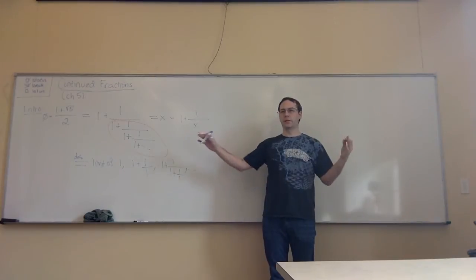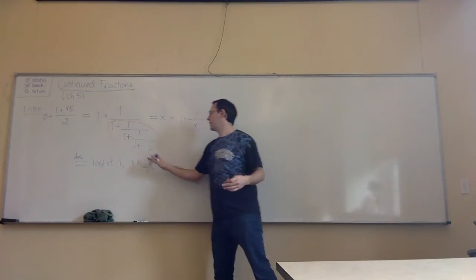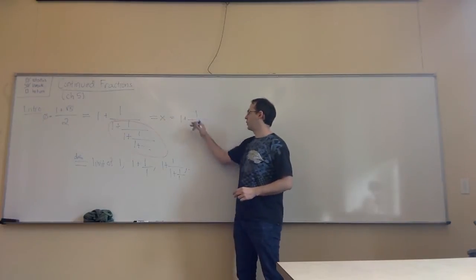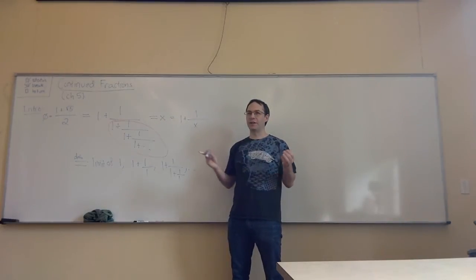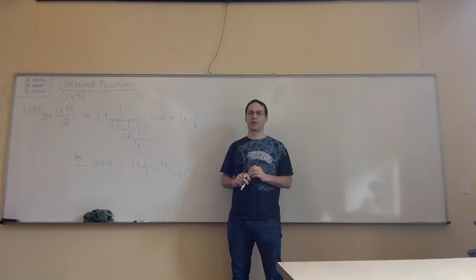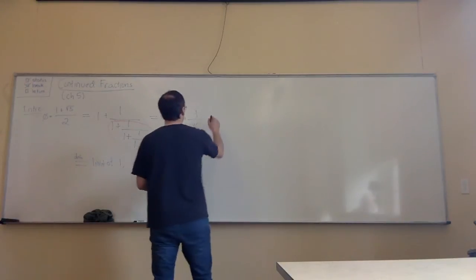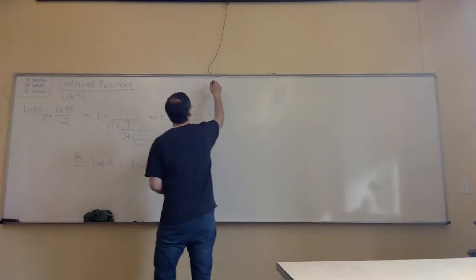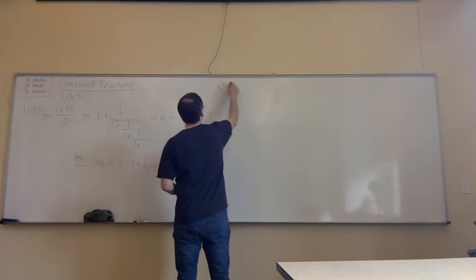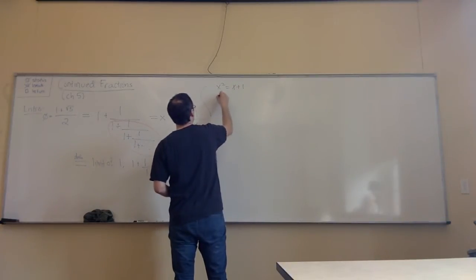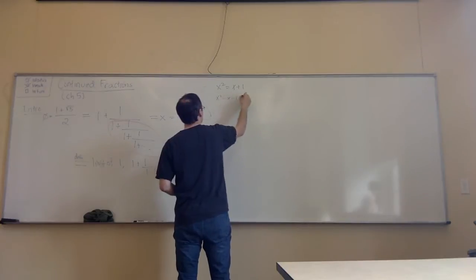So, assuming that this thing makes sense, we have this relationship between x and 1 plus 1 over x, and you can find x now using the quadratic formula. Simply multiply both sides by x, and you get x squared equals x plus 1, or x squared minus x minus 1 equals 0.